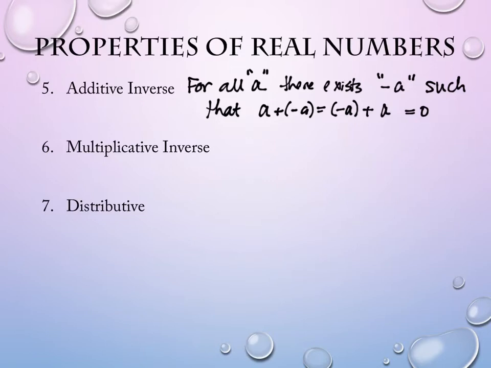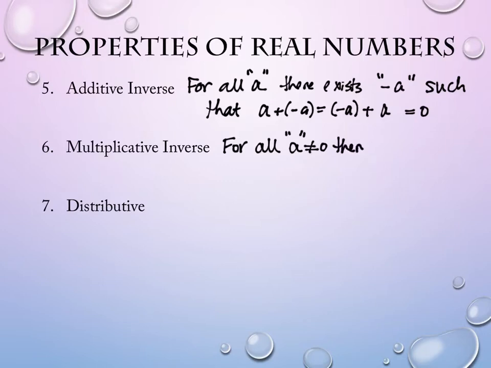The multiplicative inverse is quite similar, but instead of adding to 0, it multiplies to 1. So there is one number that does not have a multiplicative inverse. So it's for all a not equal to 0. Okay, so 0 doesn't work.